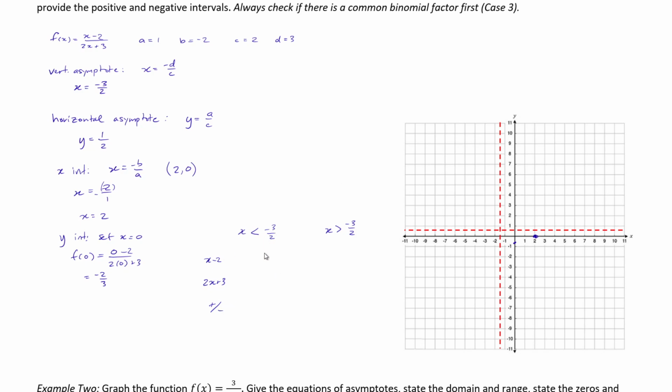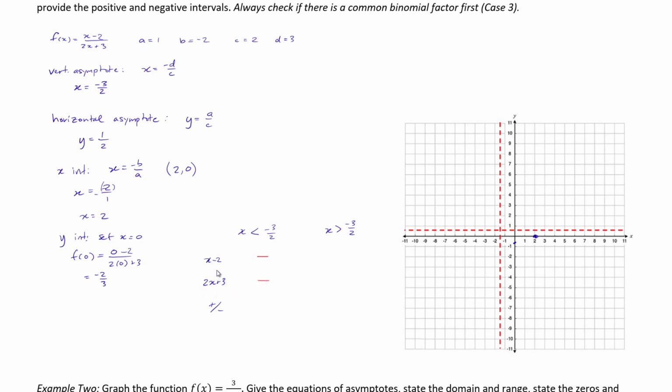So I'm going to take a value of x less than negative 3 over 2. So I'll say, let's say negative 2. So negative 2 minus 2, that's going to be negative. And then negative 2 times 2 is negative 4. Negative 4 plus 3 is equal to negative.